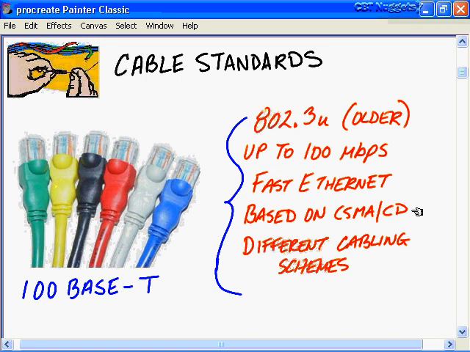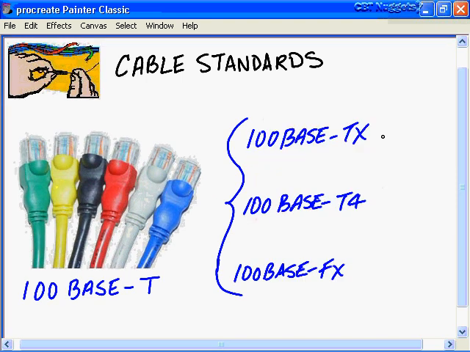And really, you can use a wide variety of different cabling schemes with 100 base T. And these are 100 base TX, 100 base T4, and 100 base FX. Let's take a look at those. 100 base T standard cable. The three main cabling schemes that you'll use with 100 base T would be, first of all, the predominant fast Ethernet standard, which is 100 base TX.